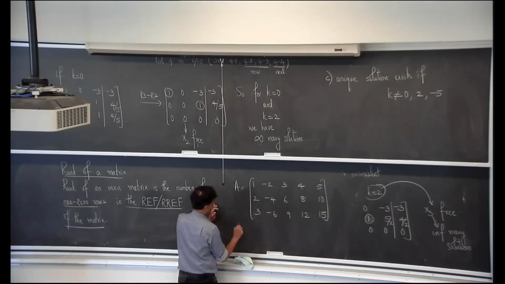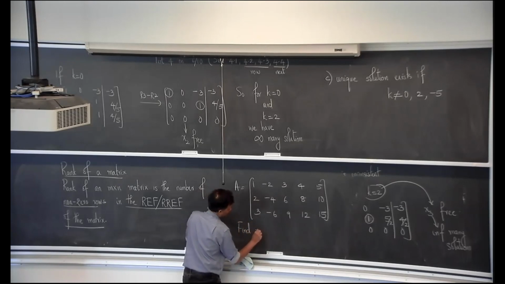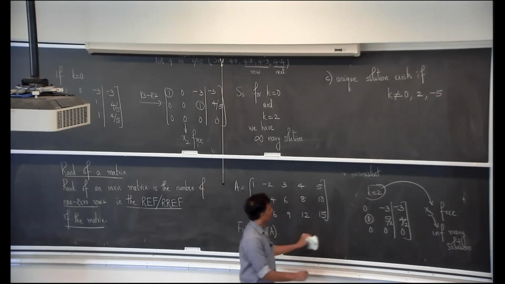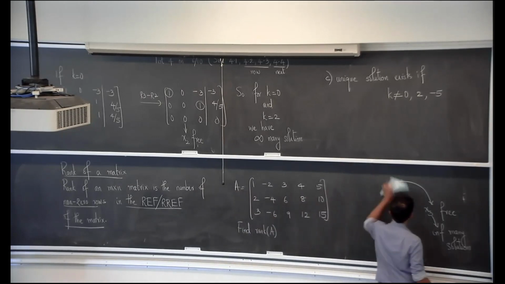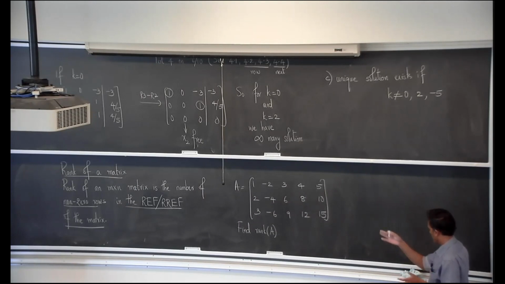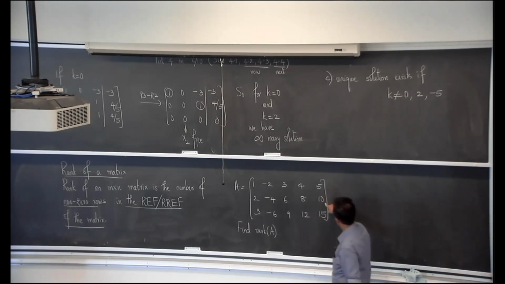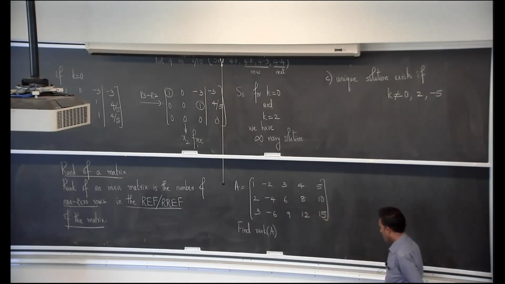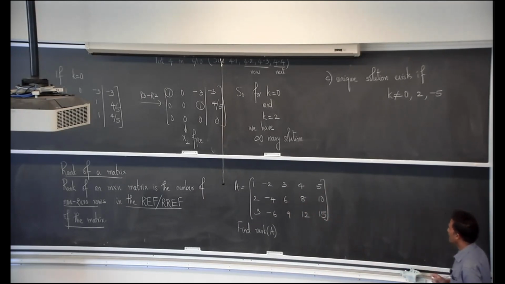Find the rank of A. If you are not careful about what you are reading from the definition, you will say, oh, there are 3 rows here, the rank is 3. No. Next part, in the REF. Can you write the REF for this matrix and see what the rank is? If my mental calculations were correct, you should do it pretty fast.